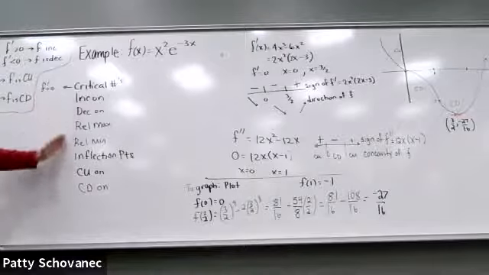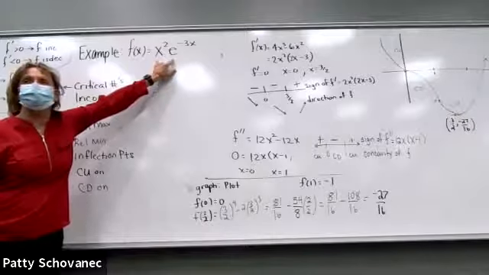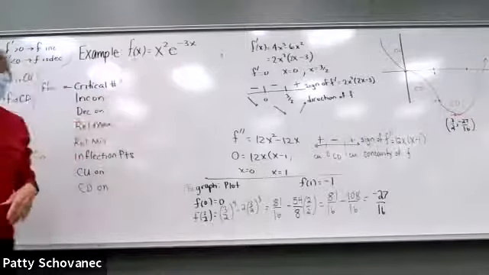So in order to do this first part, you'll need the first derivative. Take a look at it. You're going to need to take the first derivative using the product rule. So knock that out while I erase the board.